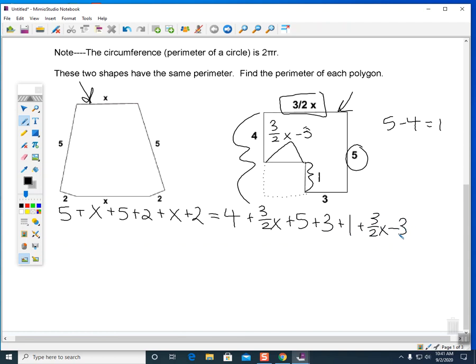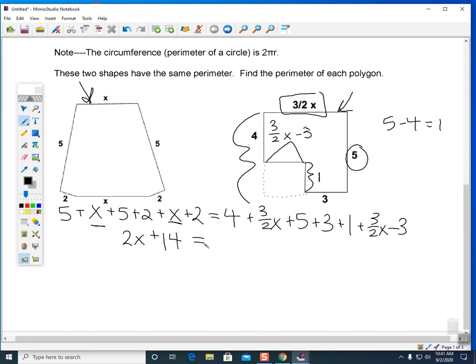Now I'm going to combine like terms. So over here, I'm going to start with my x's. I've got 2 x's, so I've got 2x, and I'm going to add up my constants. 5 plus 5 is 10. 10 plus 2 is 12. 12 plus 2 is 14. So I've got 2x plus 14.